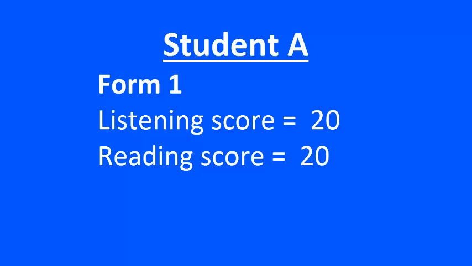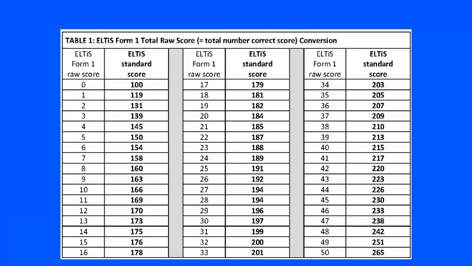Let's take a look at the ELTIS score conversion tables in the light of an example. Let's say that student A took ELTIS Form 1 and got 20 answers correct in listening and 20 in reading. Student A's total ELTIS raw score is 20 plus 20, which equals 40. Since the student took ELTIS Form 1, we use Table 1 to find the score conversions.